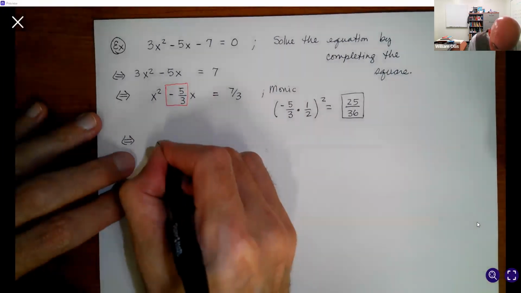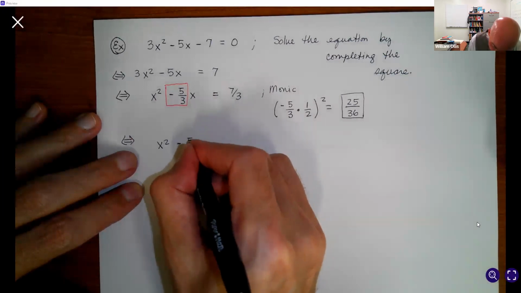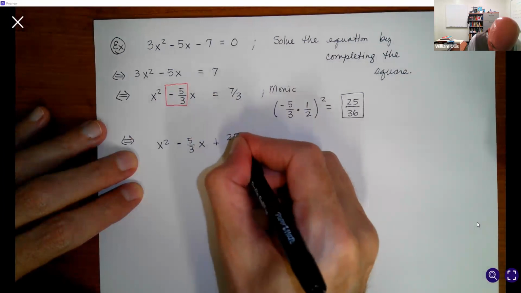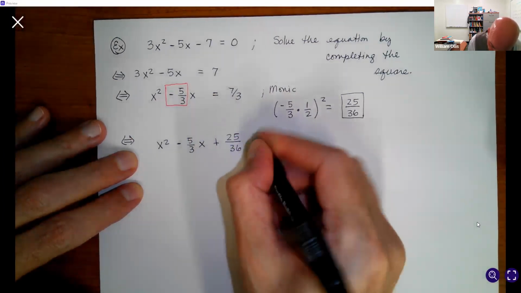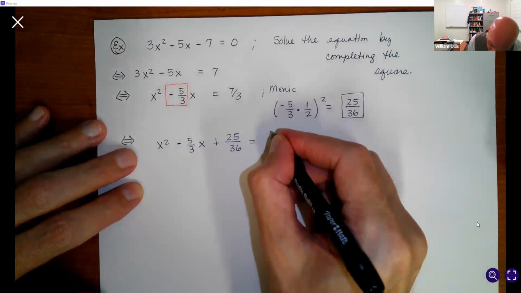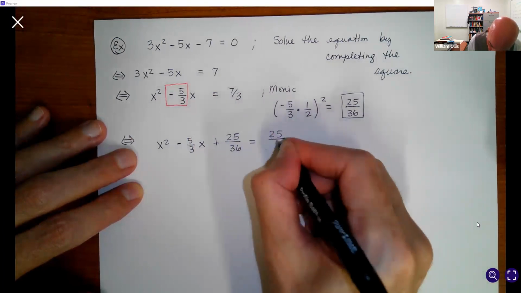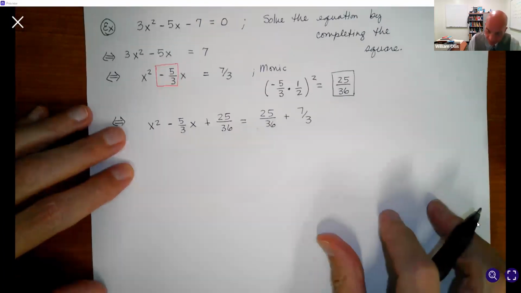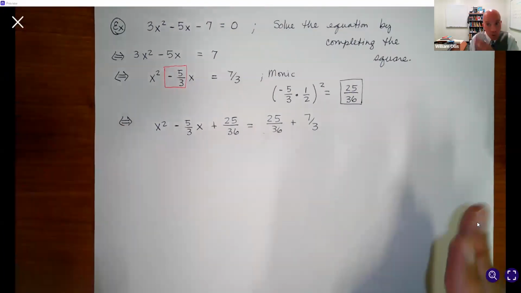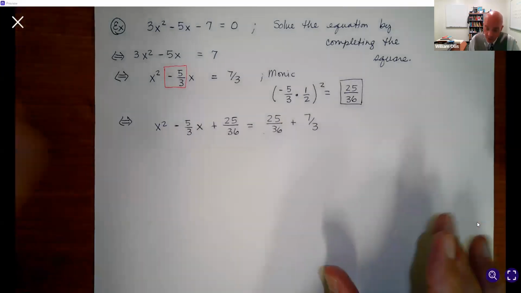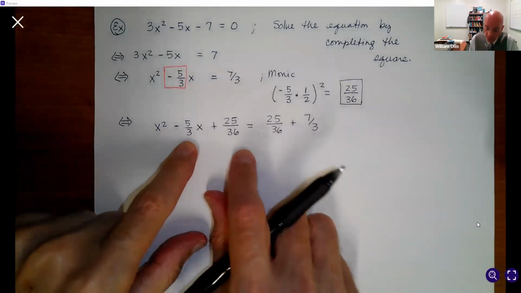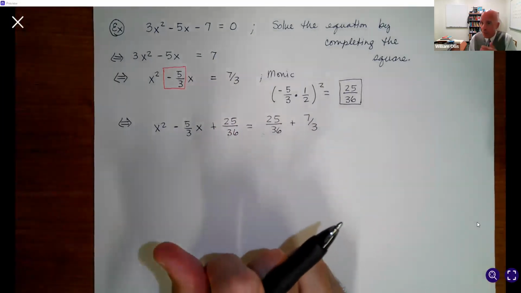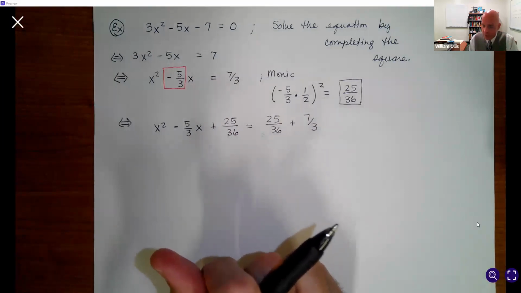Now we have x squared minus 5/3 x plus 25 over 36 equals, and we do the same thing on the right, 25 over 36 plus 7 over 3. Now the numbers aren't so user-friendly, but that's okay. Notice now this is the perfect square. This is the 5 over 6 when we square root it, just like I did before. And remember, I left the square on the b, which we don't want to do this time.